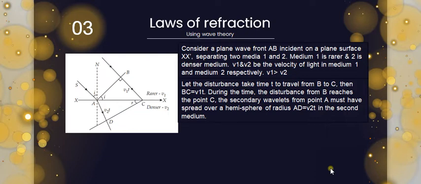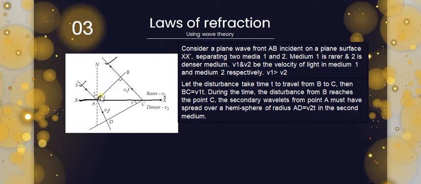Okay, so we are going to verify these two laws using wave theory. Now clearly understand, first of all we are assuming a situation where we have two rays incident on a refracting interface XX'. So this is my refracting interface on which my two rays are incident.